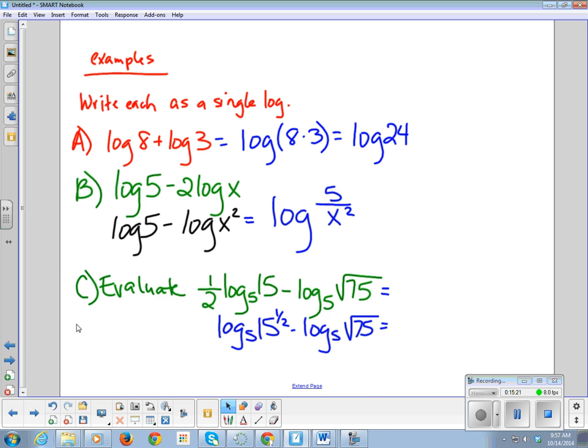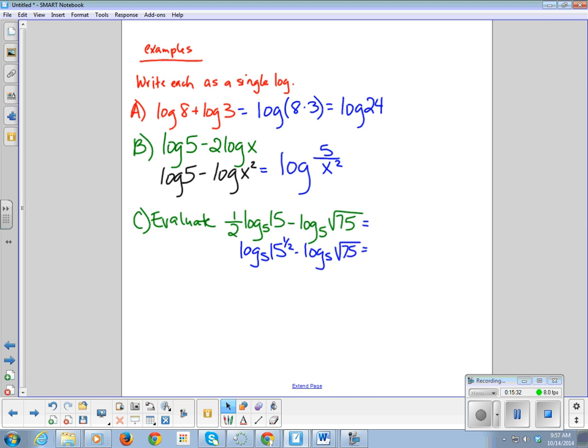All right. So now we are here. We've got all of our stuff moved up into the exponents. Now let's deal with the minus sign. So we're going to say log base 5 of the square root of 15, since 1/2 power is the same as square root, divided by the square root of 75.